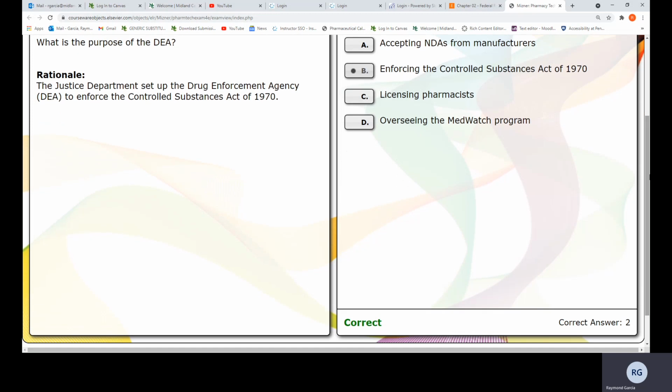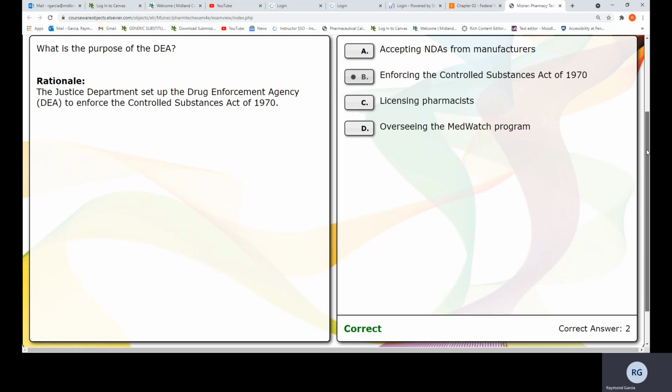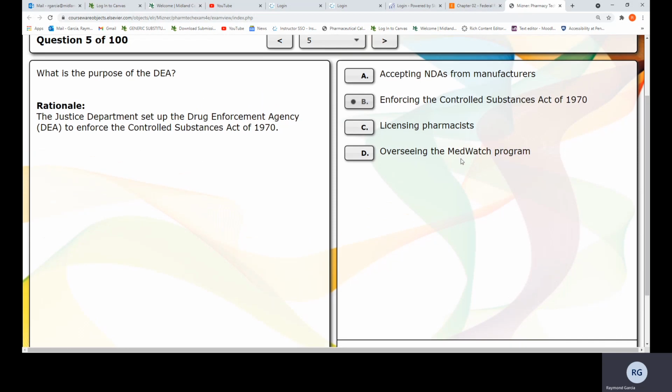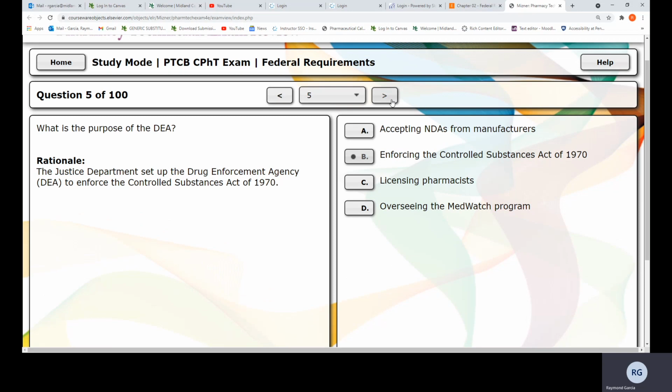For the most part, yeah, enforcing the Controlled Substance Act of 1970. I believe the FDA would be over the MedWatch program, and licensing pharmacists would probably be the state board. NDAs are for the manufacturer. I'm trying to figure out what the acronym NDA stands for. I cannot think of it.